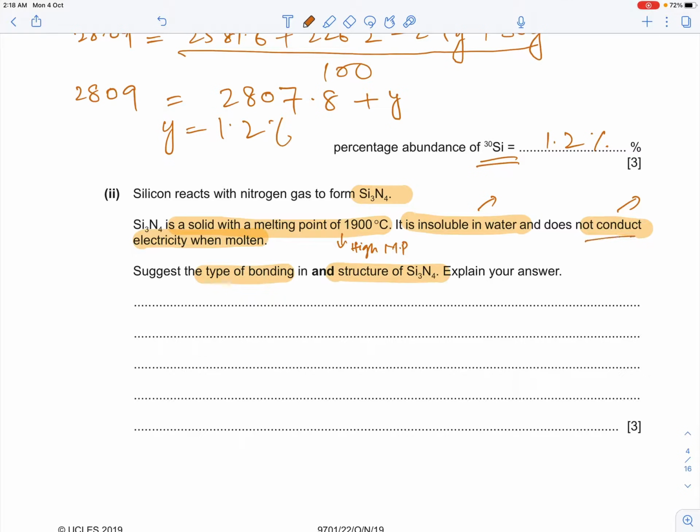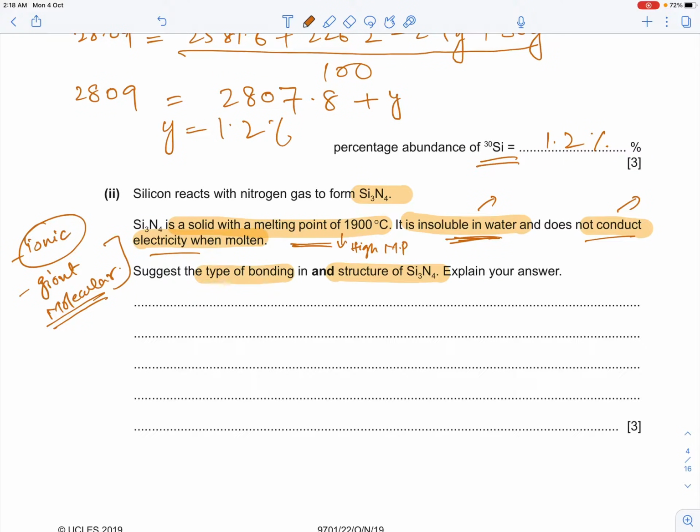We have two kinds of substances which have a high melting point: one is ionic substances and the other is giant molecular structures, right? A high melting point suggests that it is either an ionic compound or a giant molecular structure. But the other two properties, that it is insoluble in water and does not conduct electricity, suggest that it would be a giant molecular structure.